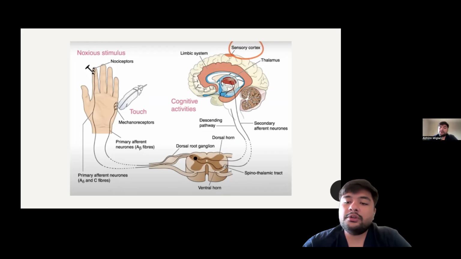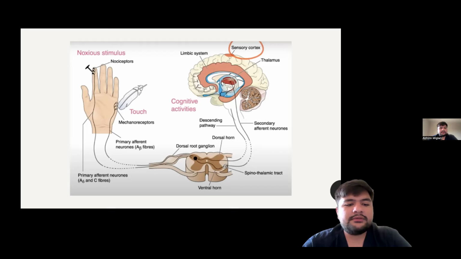So here is how the pain is transferred to the sensory cortex. Pain can basically be categorized as pain from a sharp object, pain from touch, or pain from a noxious stimulus. If a noxious stimulus, like a pin, hits a finger, nociceptors activate in the regional area.